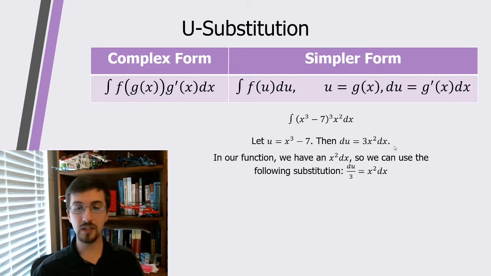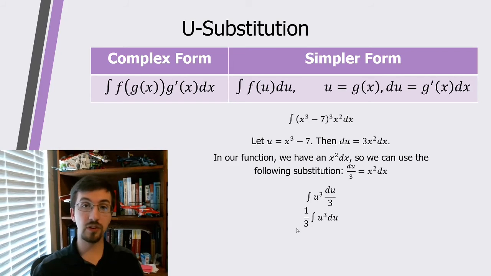We can divide both sides by 3 and get du over 3 equals x squared dx. Now we have everything we need to plug and chug into our substitution. This is now the integral of u cubed times du over 3. This is u cubed, and x squared dx is du over 3.